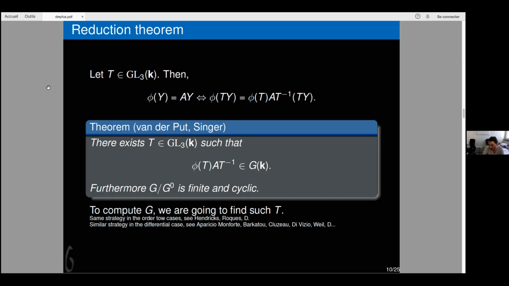In that case, it's not an algebraic point. You can put your system into some kind of Lie algebra of the Galois group, and this strategy has been quite useful to compute at least the connected component of the identity of the Galois group.